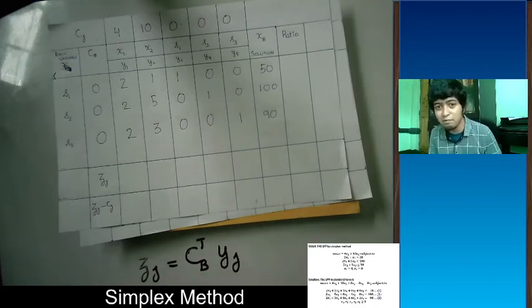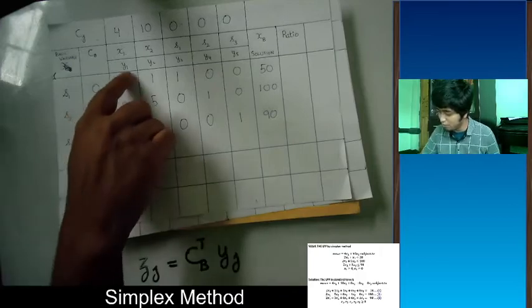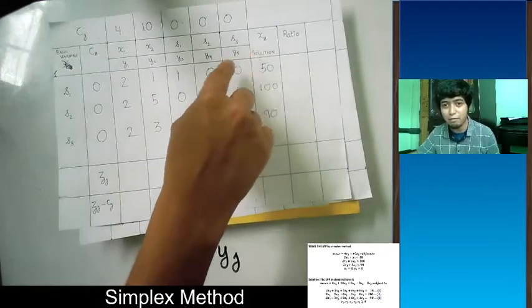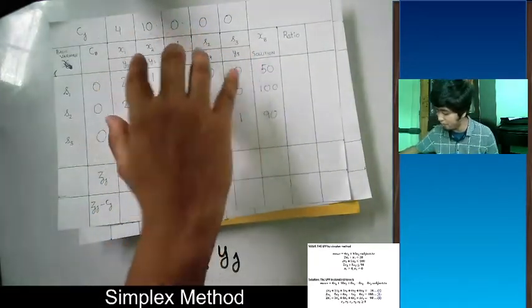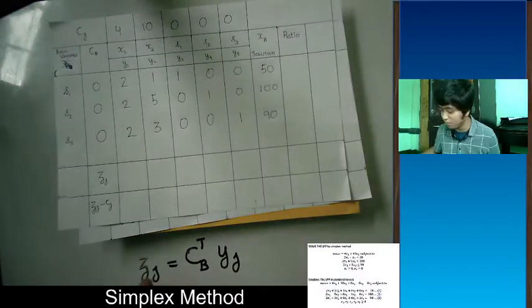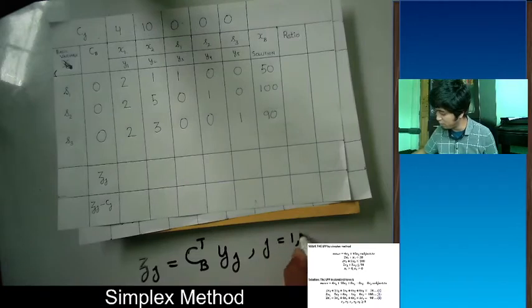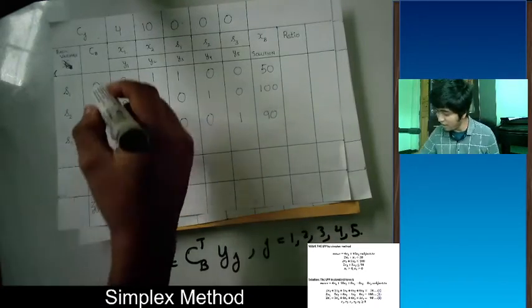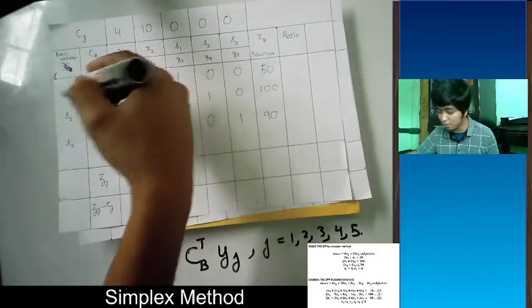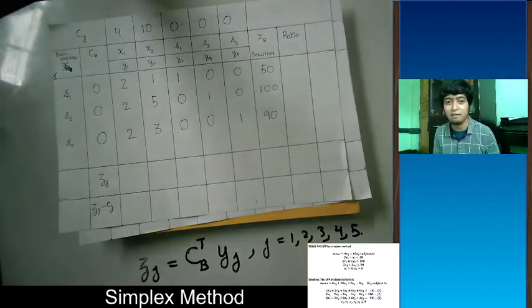Remember that j denotes the column. We have 5 columns, y1 to y5, so j will range from 1 to 5. What about i? We have 3 rows, so i will be 1, 2 and 3.